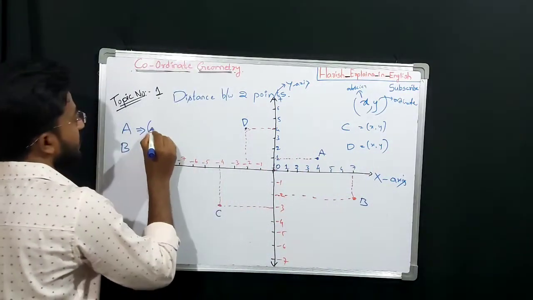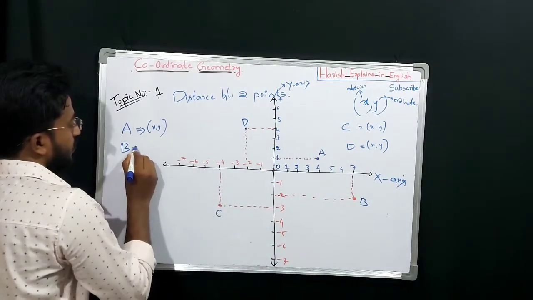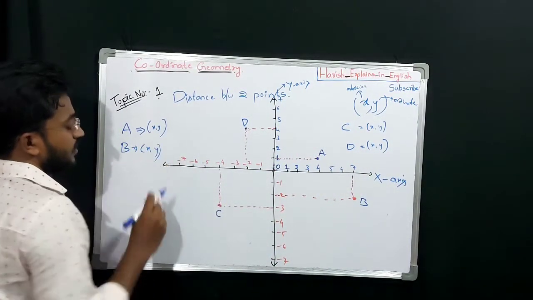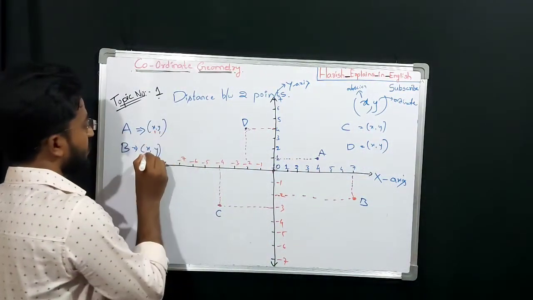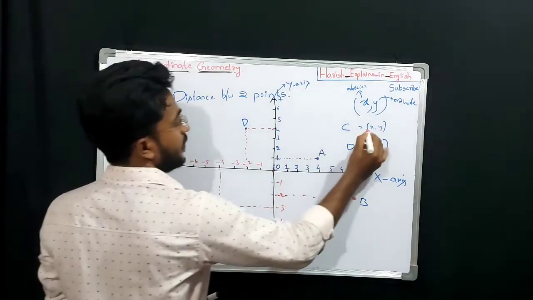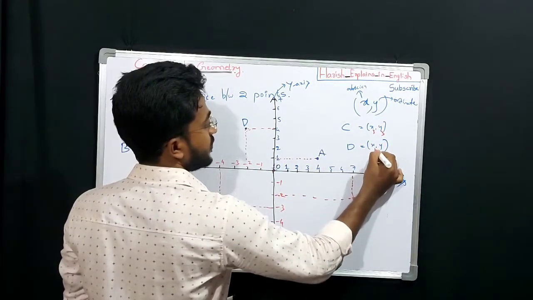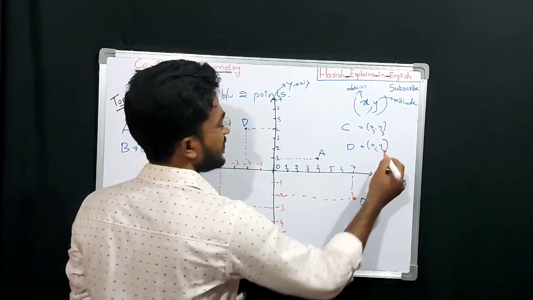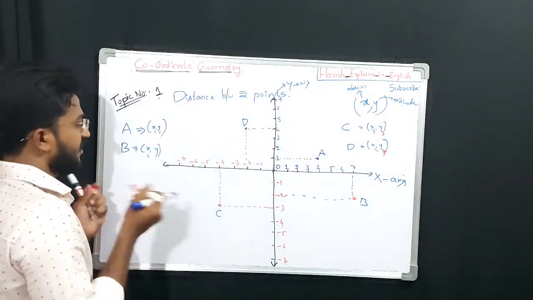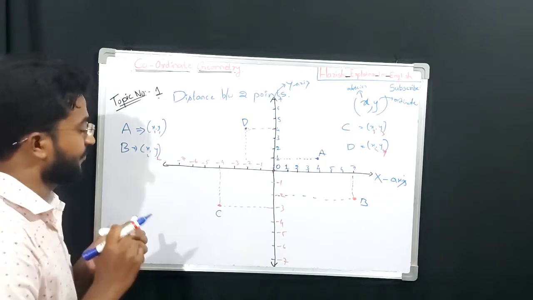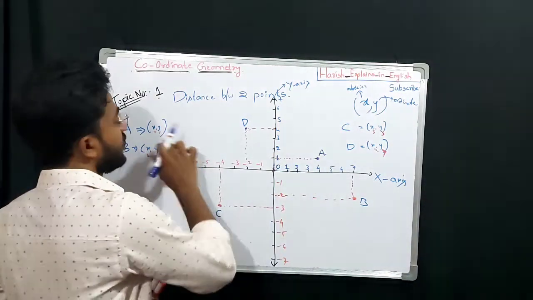For differentiating, let me write x1 y1, x2 y2, x3 y3, x4 y4. These are nothing but names; we are just giving the variables different names.